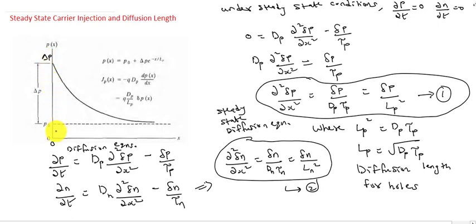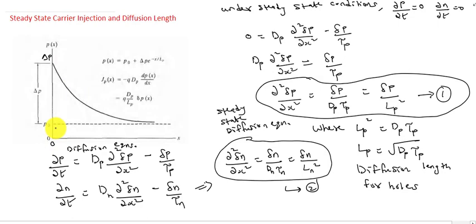If we see, the diffusion process will occur, and at x equal to infinity, the value of delta p will exponentially decrease and tend to 0, through diffusion or scattering mechanism, which we have already explained with an example.